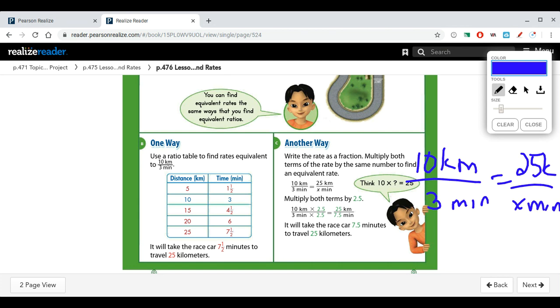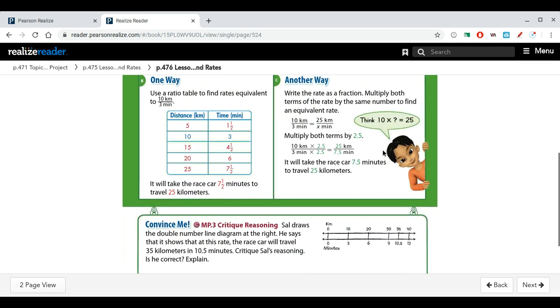What value do I multiply 10 by to get to 25? We multiply it by 2.5. 10 times 2.5 is 25, and 3 times 2.5 is 7.5 minutes. So that is my rate: 25 kilometers in 7.5 minutes.